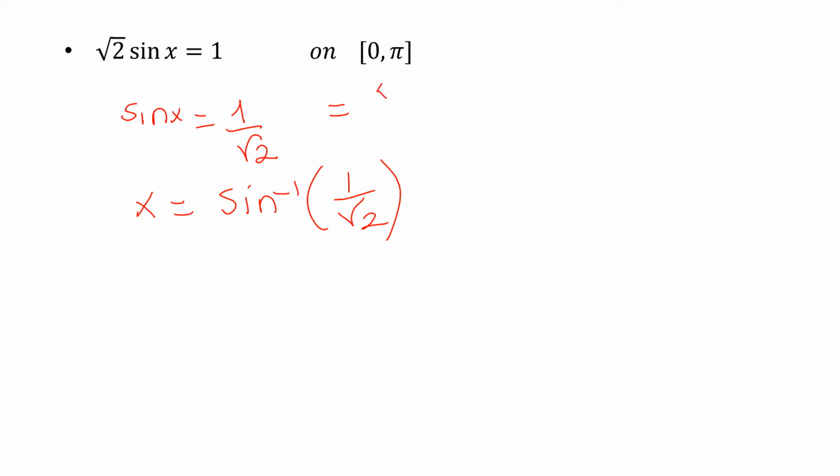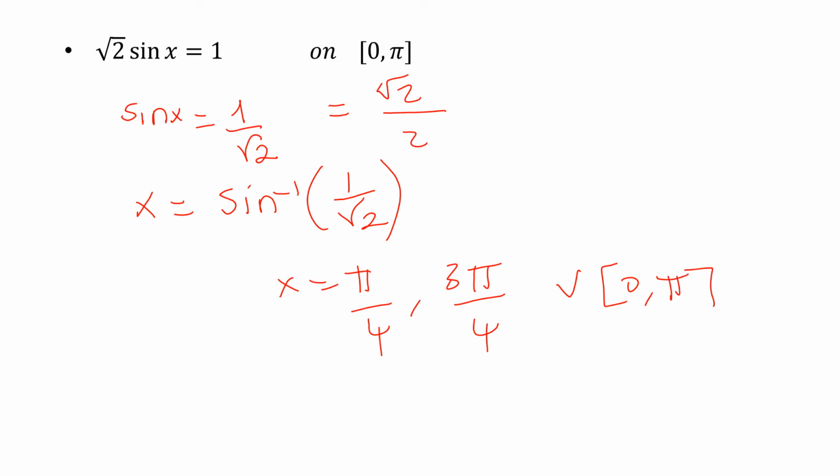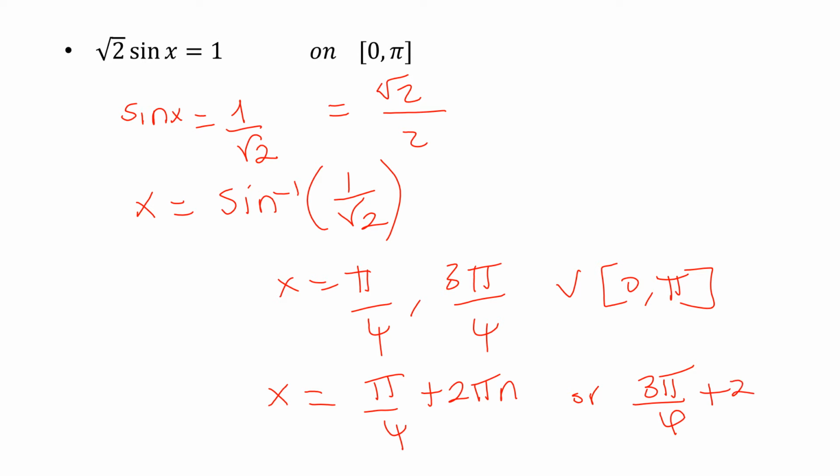It gives us root 2 on 2. So x is equal to pi on 4 and 3 pi on 4. These are the solutions on the interval 0 to pi, and the general solution for this is pi on 4 plus 2 pi n, and or 3 pi on 4 plus 2 pi n.